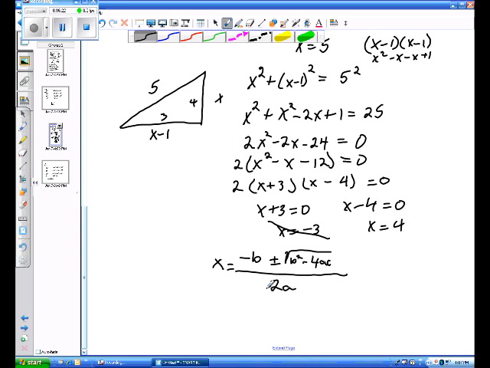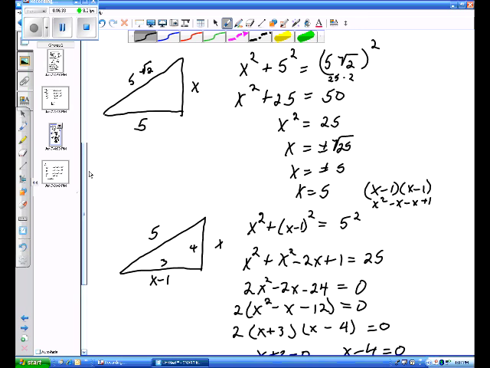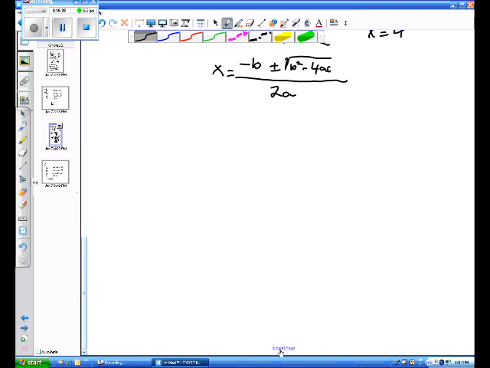Now, we just looked at a triangle that the sides ended up being in the ratio, excuse me, of 3, 4, 5. And we have some special triangles. They're called Pythagorean triples, and the sides are always in the same ratio.